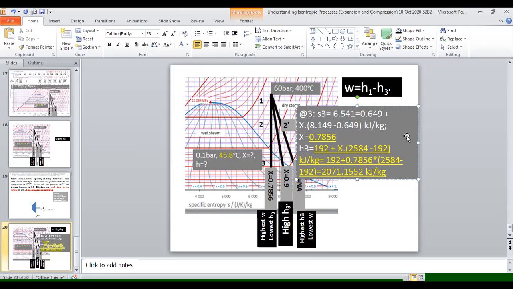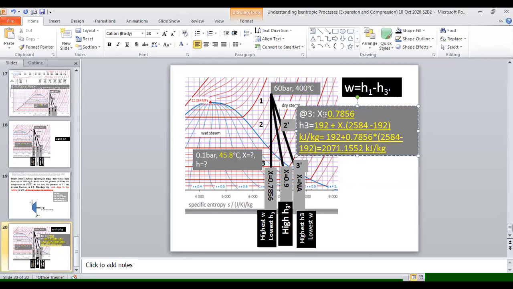So this is H3 dash, with X3 dash 0.9. But of course your HF, HFG all remain the same.